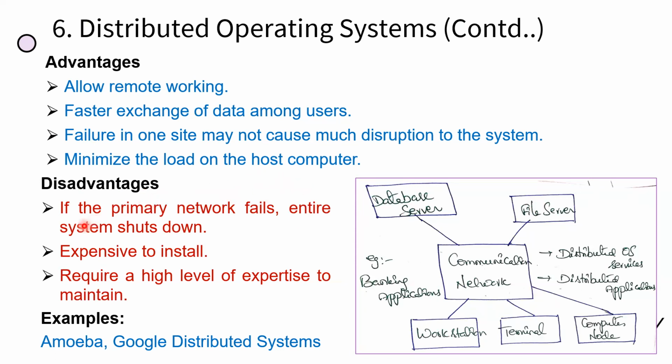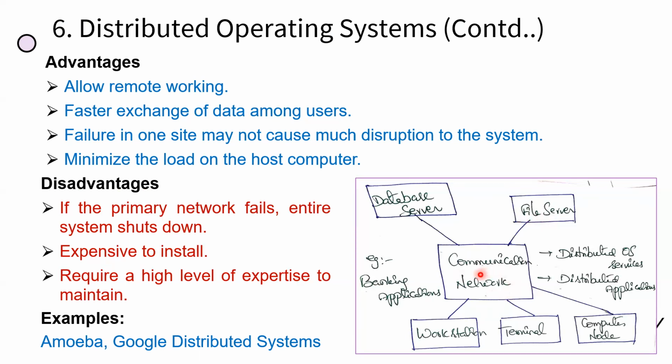Coming to the disadvantages, if the primary network fails, the entire system shuts down. Since all these servers, workstations and terminals are interconnected through the communication network, if the network fails, these devices will not be able to access any of the services from the servers.